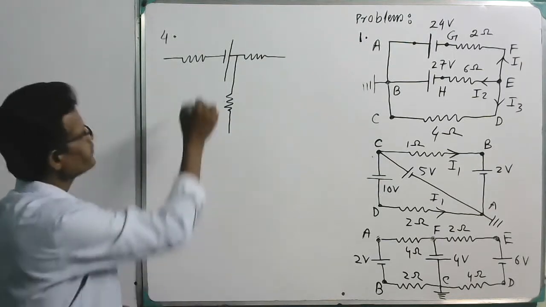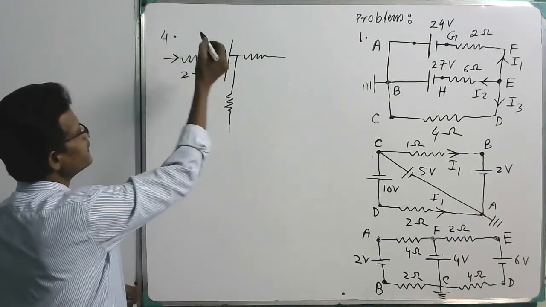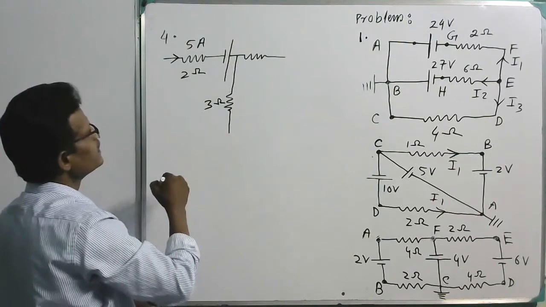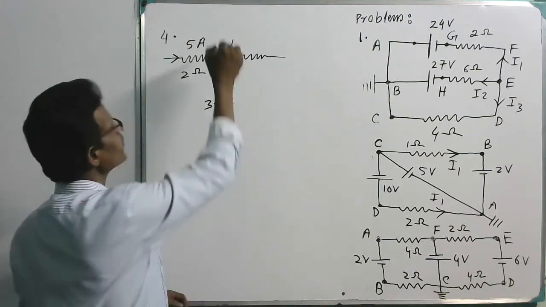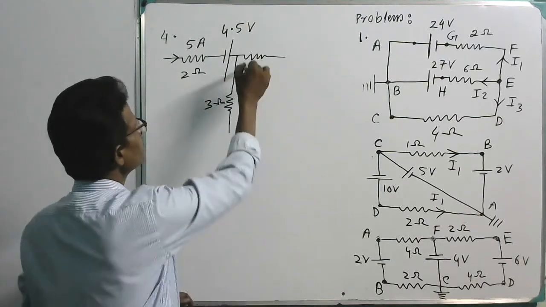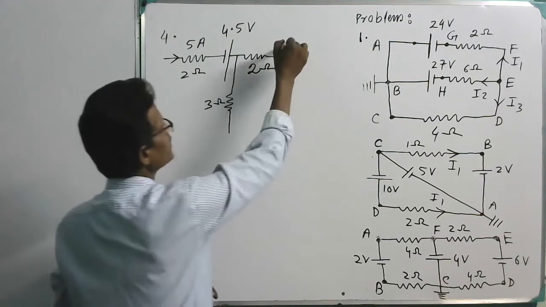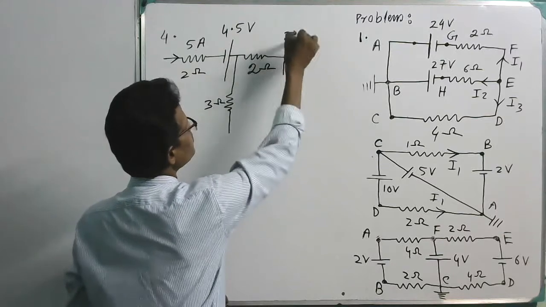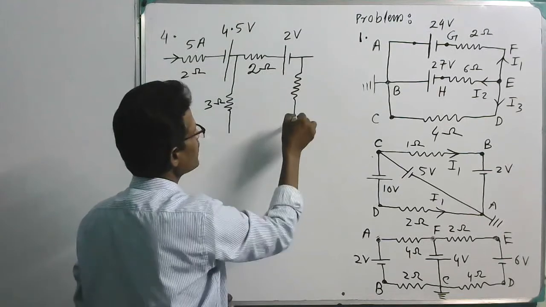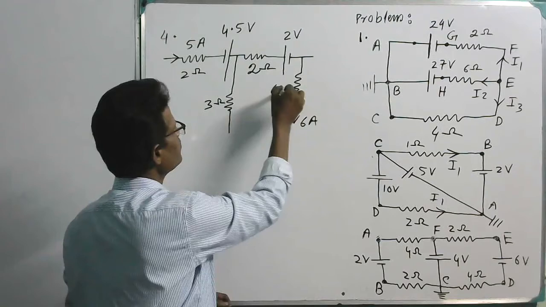There is a 2 ohm resistance with 2 ampere, then 5 ampere with 3 ohm, a 4.5 volt cell, 2 ohm, one more cell of 2 volt, another resistance with current coming out, 6 ampere, resistance 6 ohm.